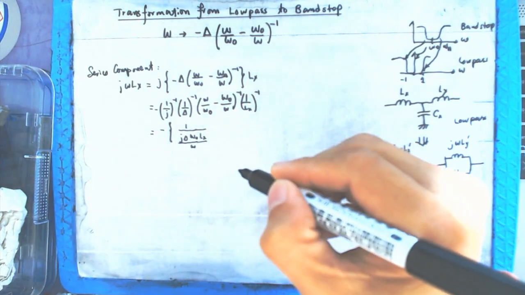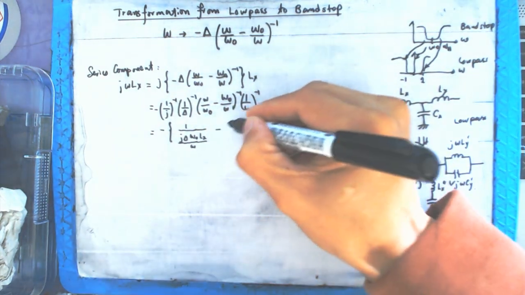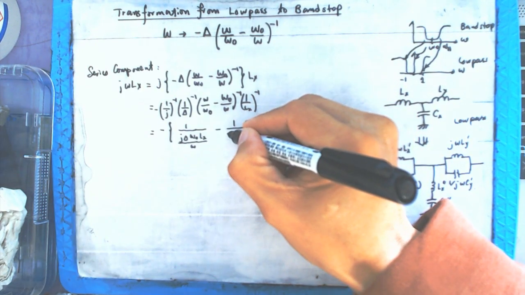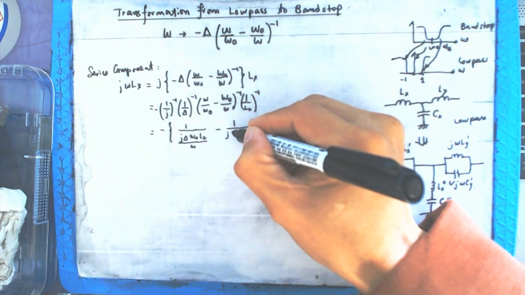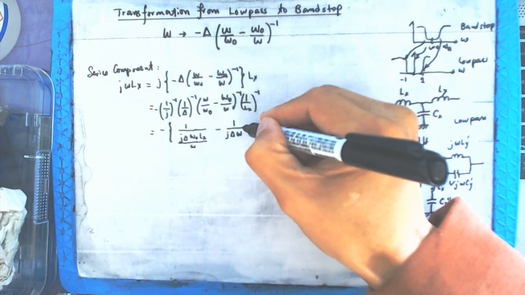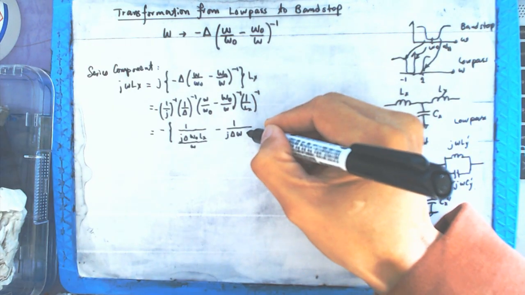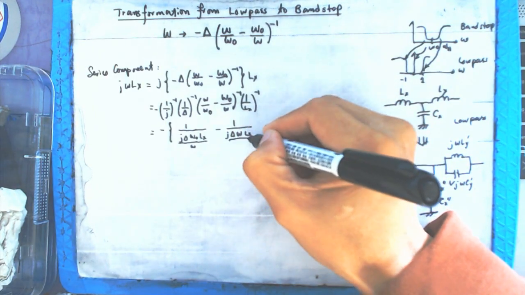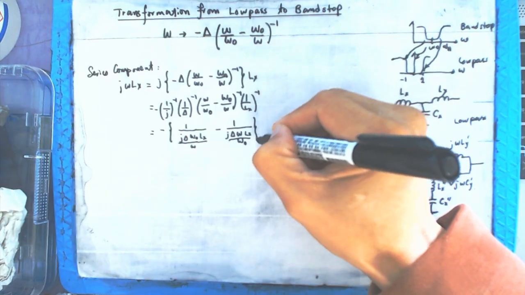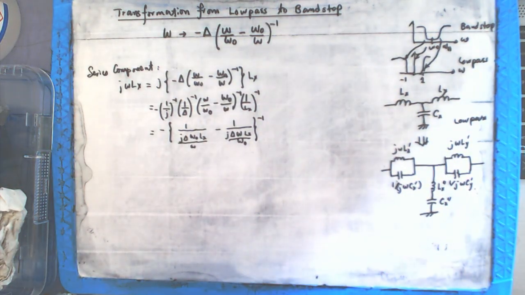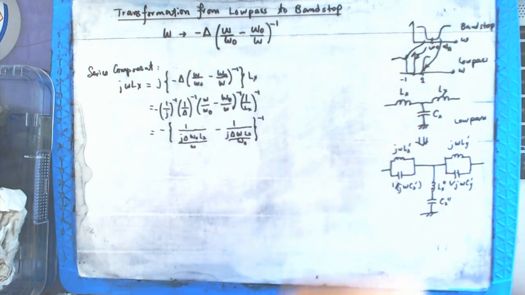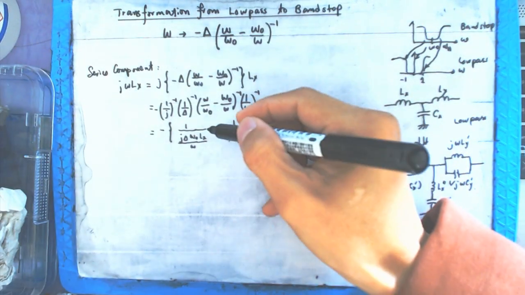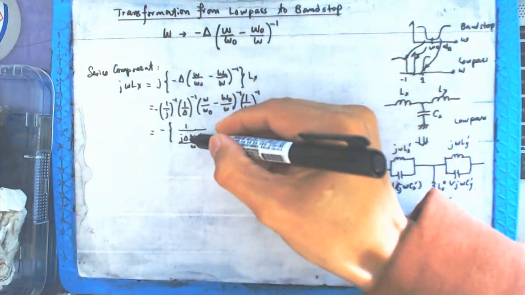And similarly, you can also do the same here. j delta omega, and then Lx, and then we can move the omega naught to the bottom. So it looks very straightforward. And finally, what we need to do is a little bit of trick here, move this straight to the bottom.